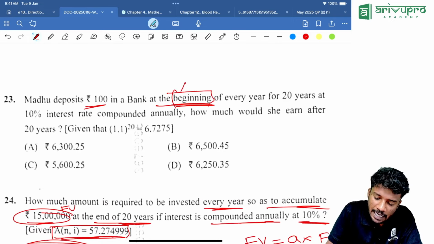From that, reducing minus 1, how much will it be? 5.7275. Multiply it with 1.1. Take the calculator. Get me the answer. 6,000.25. Everyone got the answer?